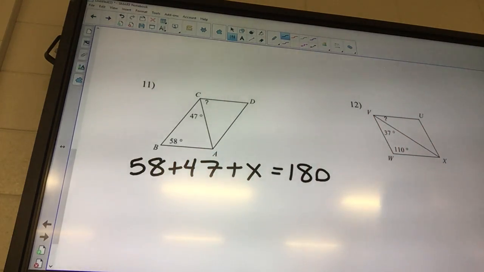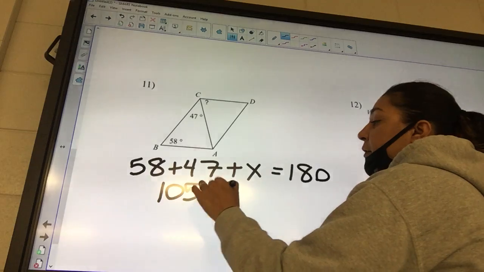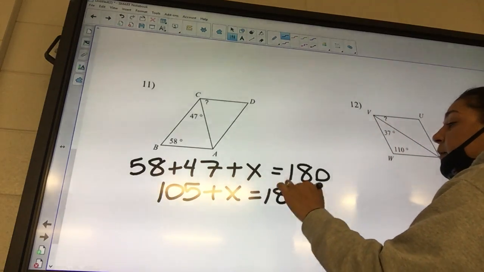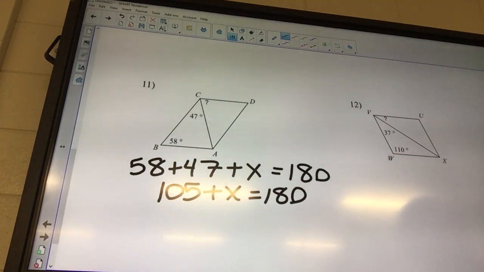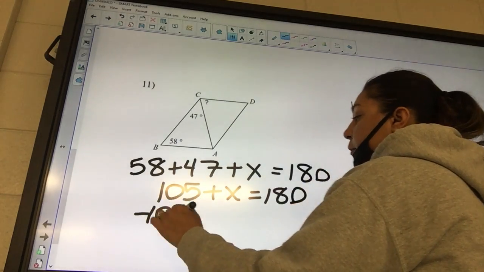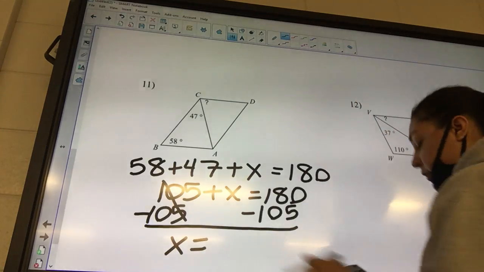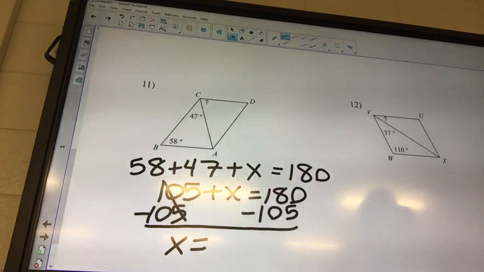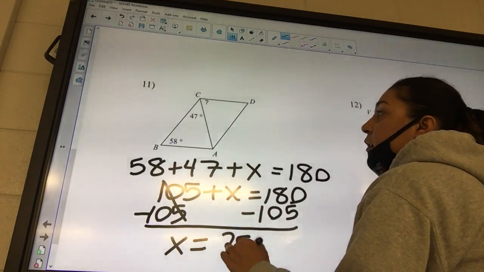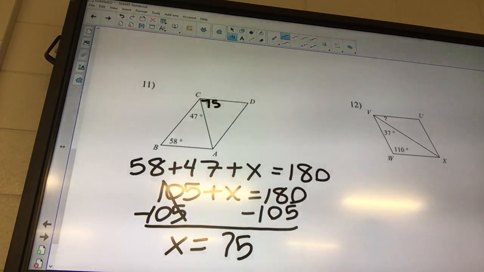What is 58 plus 47? 105. 105 plus X equals 180. Then subtract 105 from both sides. So X equals 180 minus 105, which is 75. We can conclude that that angle is 75.